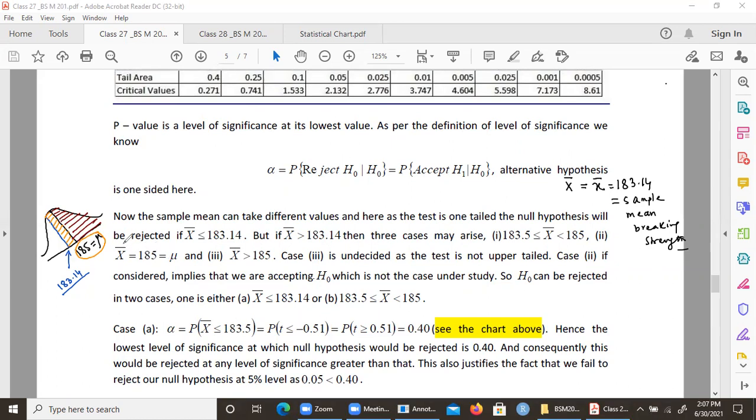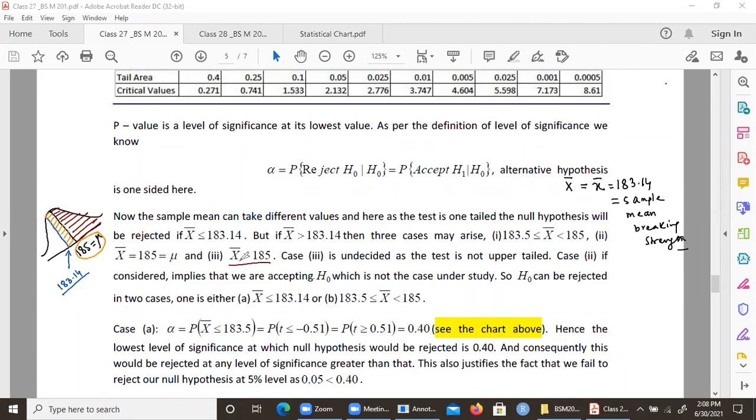Now, if your value is exactly 185, suppose case 2 is happening, in this particular case you cannot reject your null hypothesis because your assumption is actually tallying with your sample observation. And since the case is not upper tailed, nothing is mentioned about population mean being greater than 185, nothing can be said if case 3 happens.